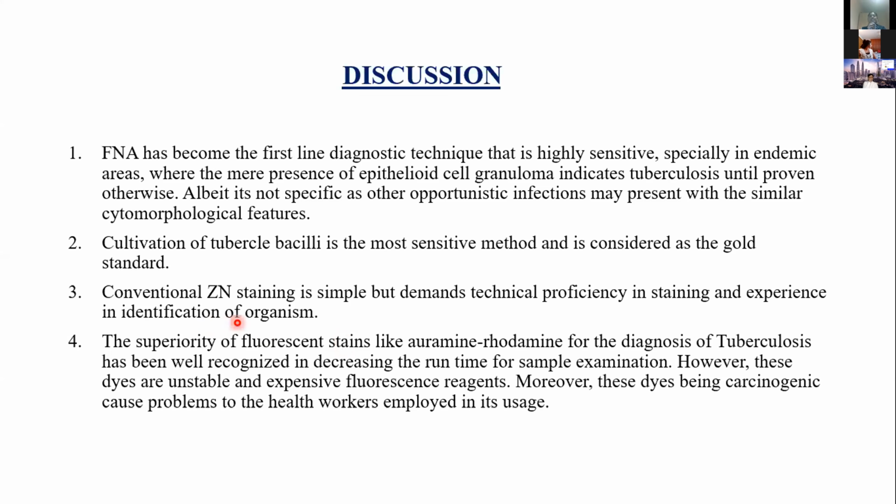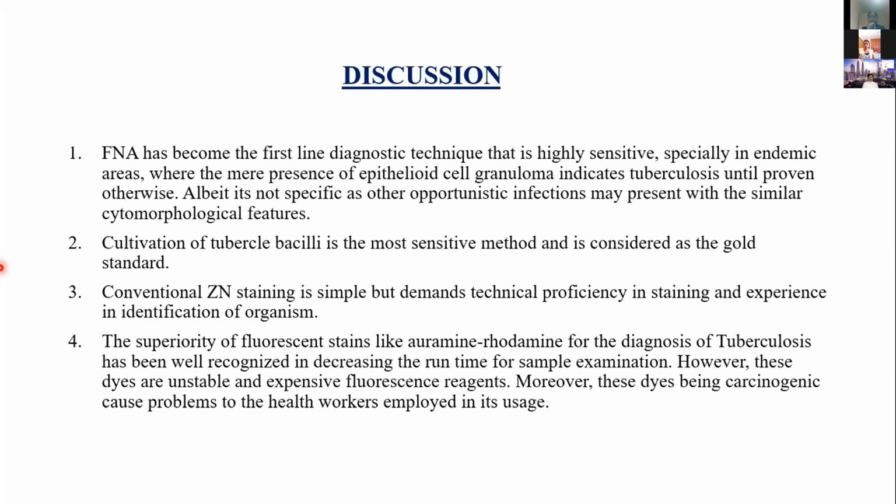Conventional Ziehl-Neelsen staining, which we are performing, is simple but demands technical proficiency in staining and experience in identification of the organism. Moreover, it's quite tedious to scan the slide for the acid-fast bacilli.